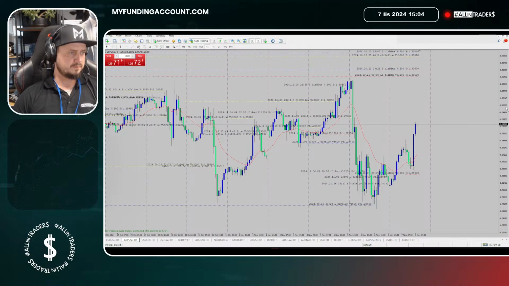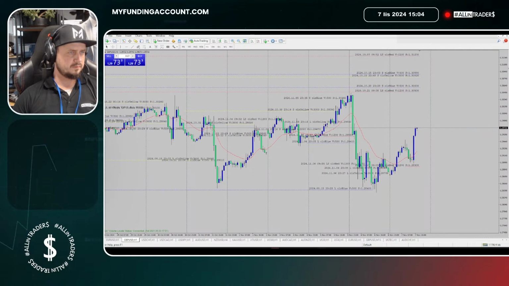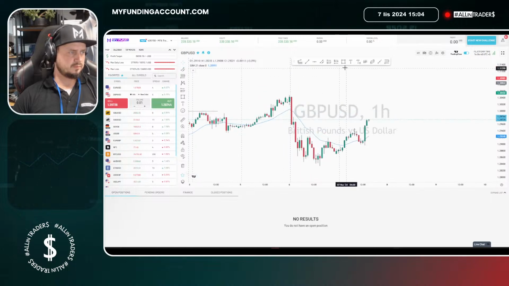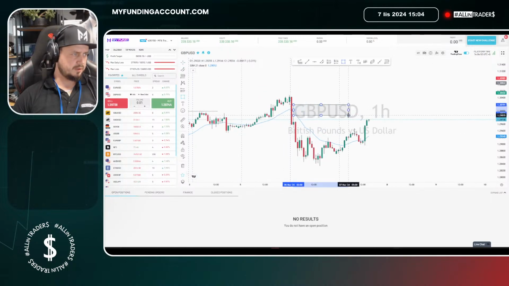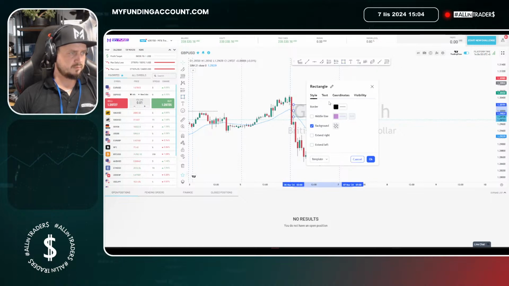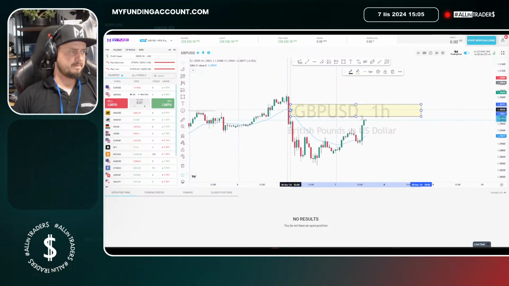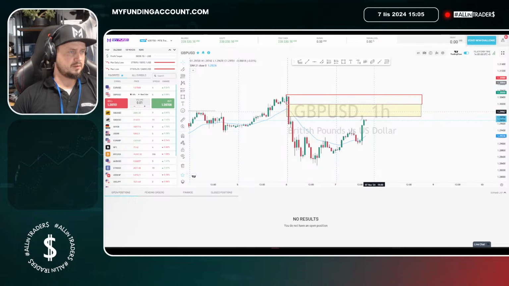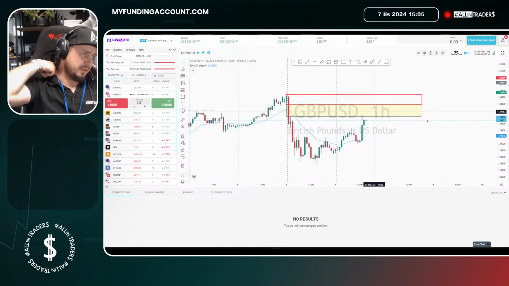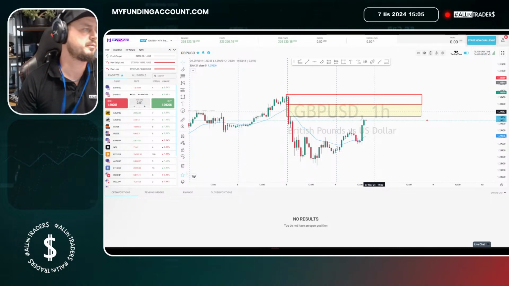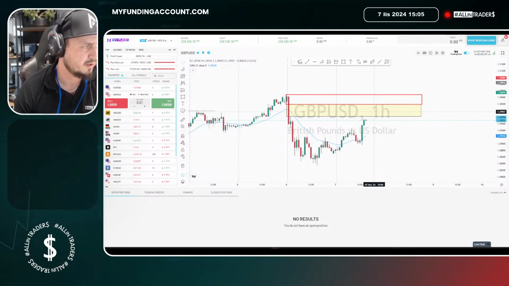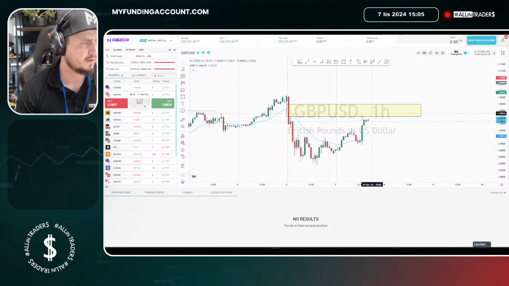GBP USD. Okay, so we got an imbalance over here. This is our imbalance. And in this area, loads of sellers came into the market, and that was in the morning, basically, but it doesn't matter for me now.